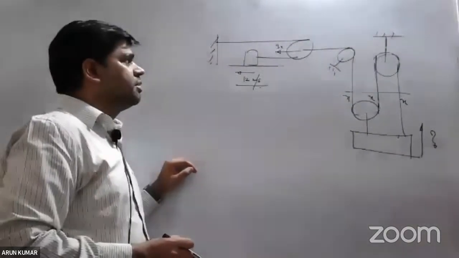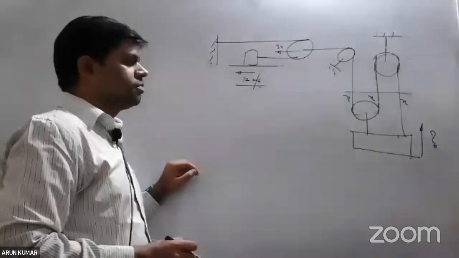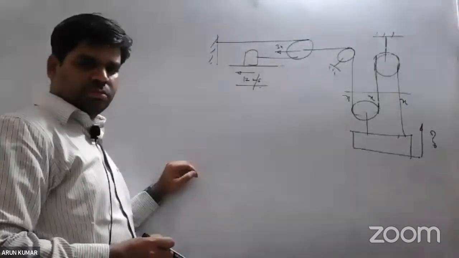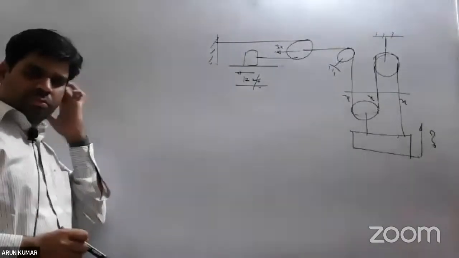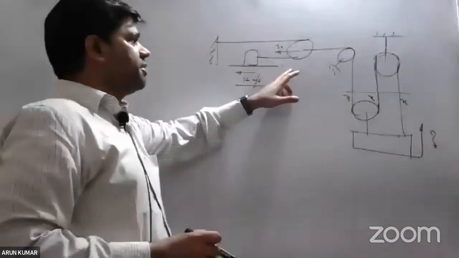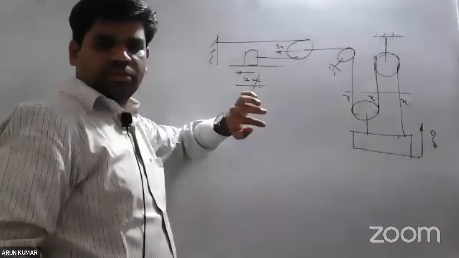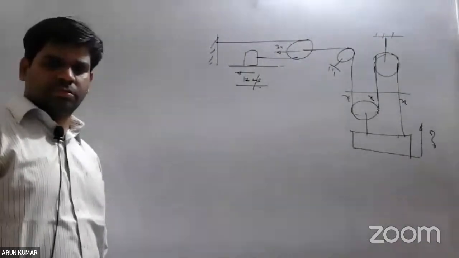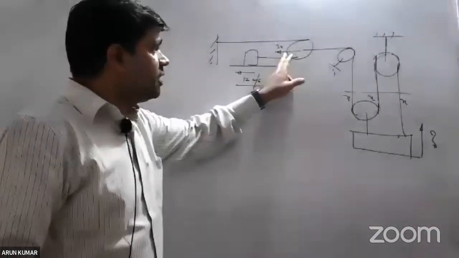Your voice is breaking. Gayatri, if this moves by 3x towards left, how much will the string slacken? Navneet? Sir, x/2, x/2. The pulley moves by 3x.